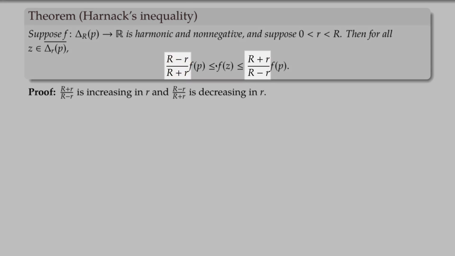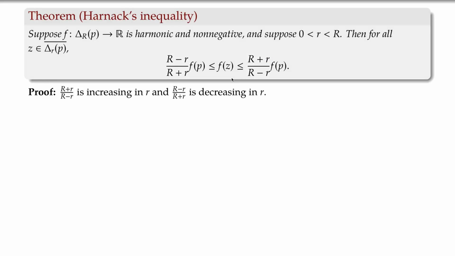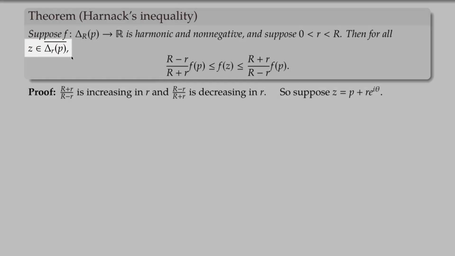So you might as well prove this for z on the boundary of this disk, because if it was inside, you could do it for a smaller little r, and that would imply this thing. So let's just suppose that z is on the boundary of this guy, namely it's p plus r times e to the i theta for some theta.